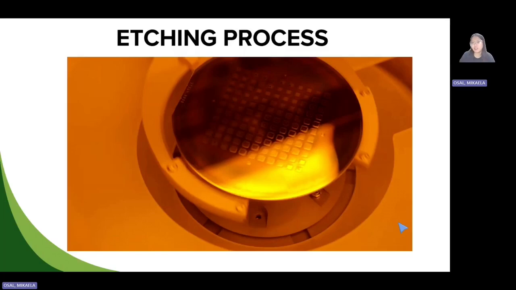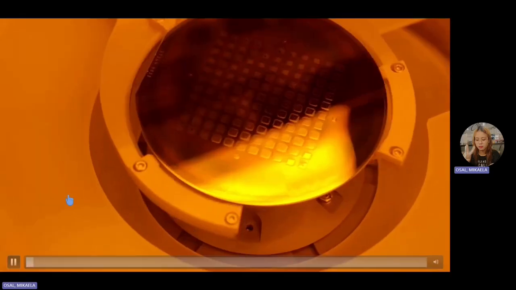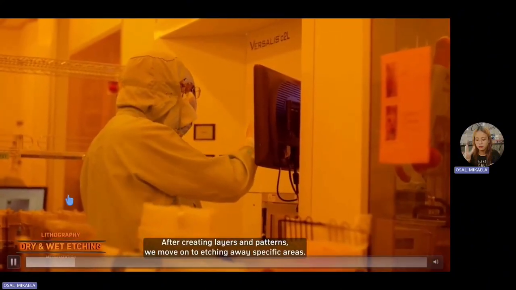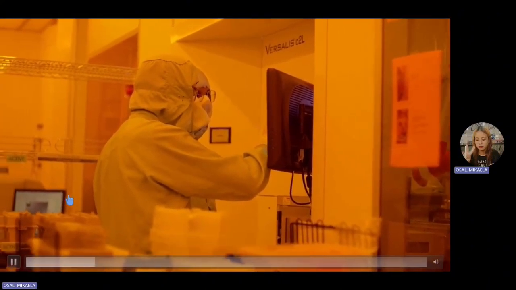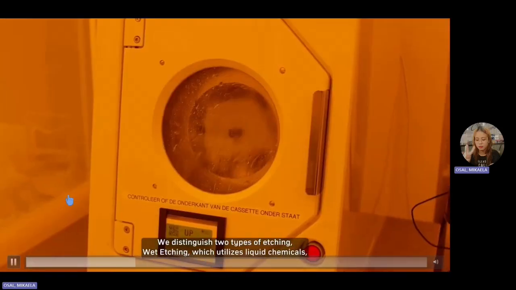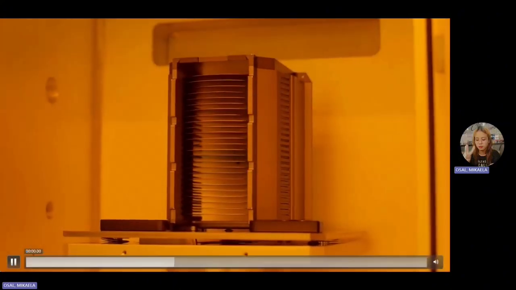So now that we have an overview of the different types of etching, let's take a closer look at the etching process itself. After creating layers and patterns, we move on to etching away specific areas. We distinguish two types of etching: wet etching, which utilizes liquid chemicals, and dry etching, which employs gas-based techniques.